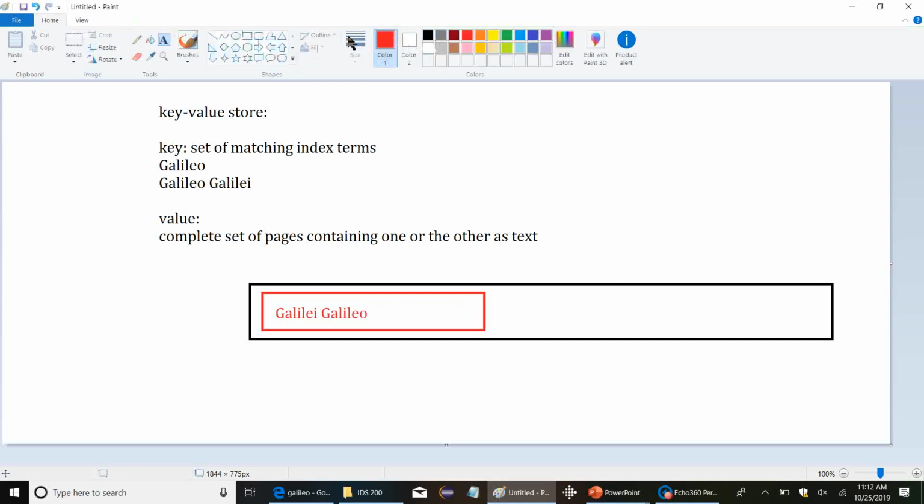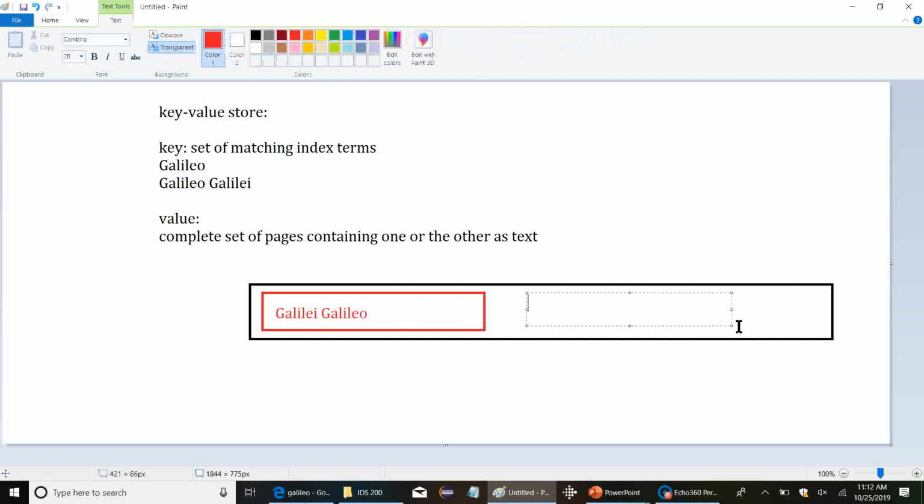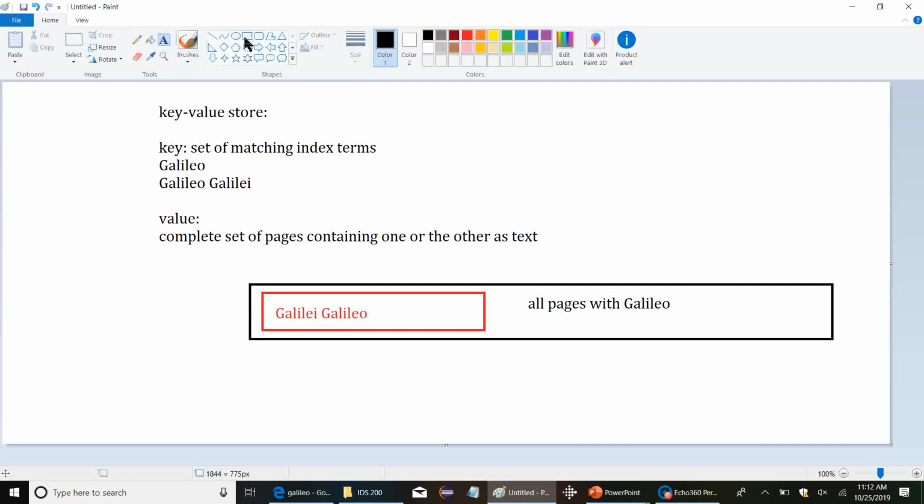Because you can't have Galileo Galilei without having Galileo. So, and then for the rest of them, do that in black. They could do something like this if they wanted to be smart about it and if it was worth the trouble.